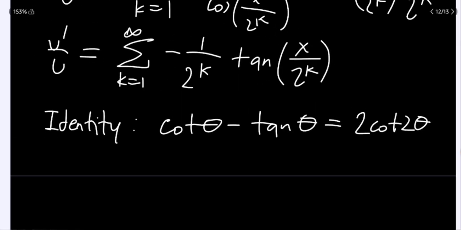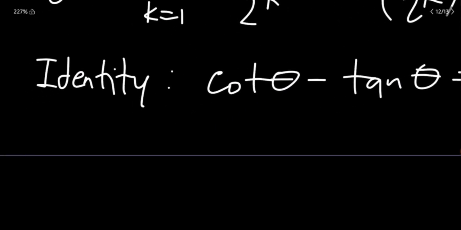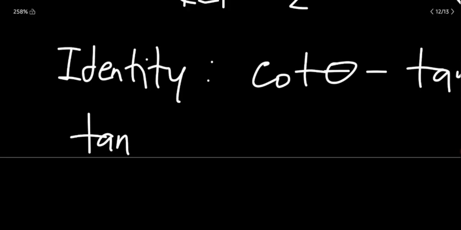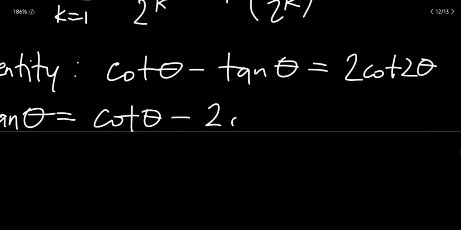This gives us a shot at having a closed form for our summation. So tangent theta is cotangent theta minus 2 cotangent 2 theta.